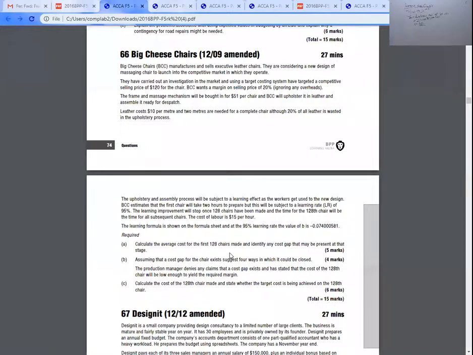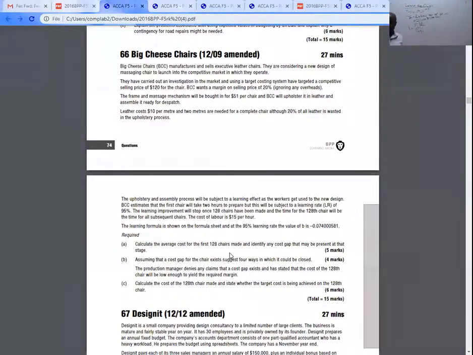Brilliant. From there, ladies and gentlemen, I know the next thing will be about b. b is what we call the learning index. To get the learning index, we normally take log r divided by log 2, the log of the learning rate divided by log 2. r is the learning rate.